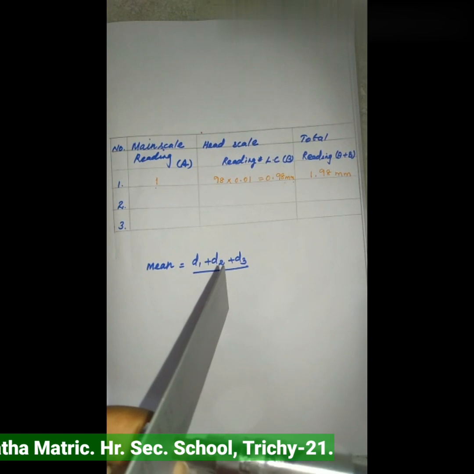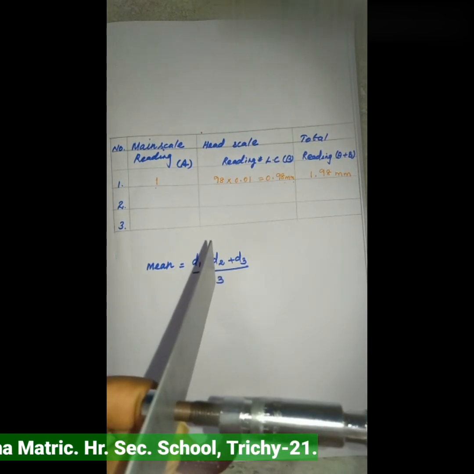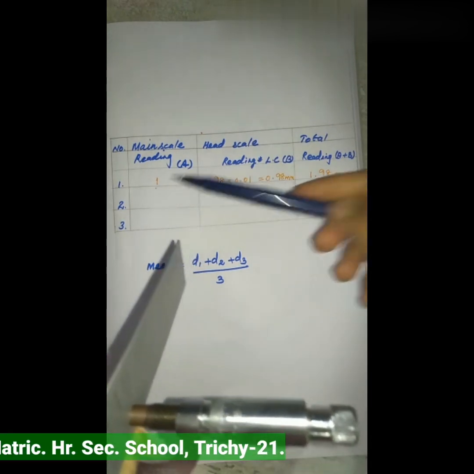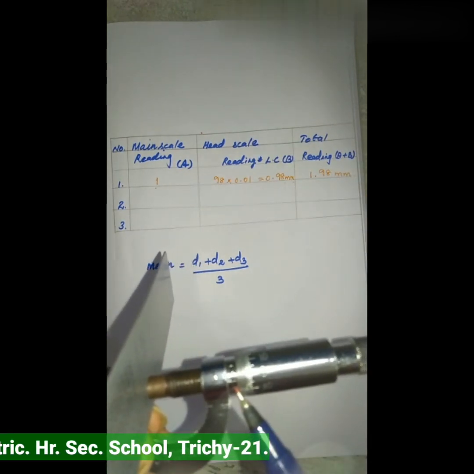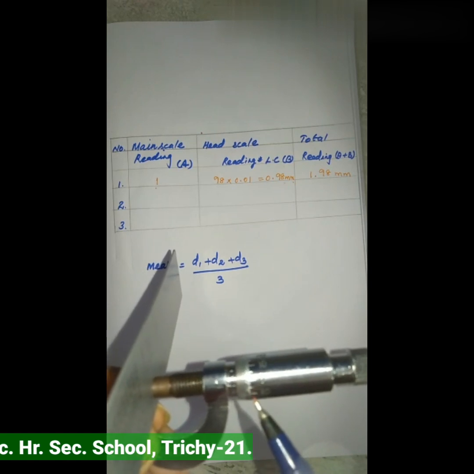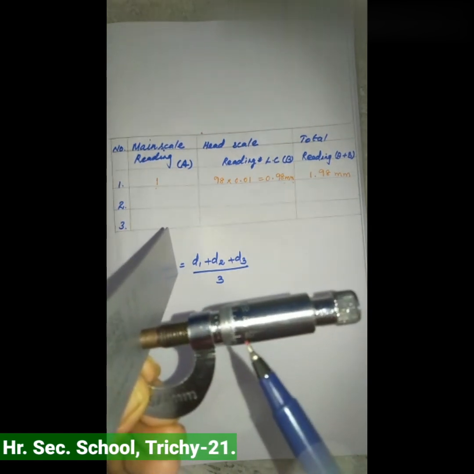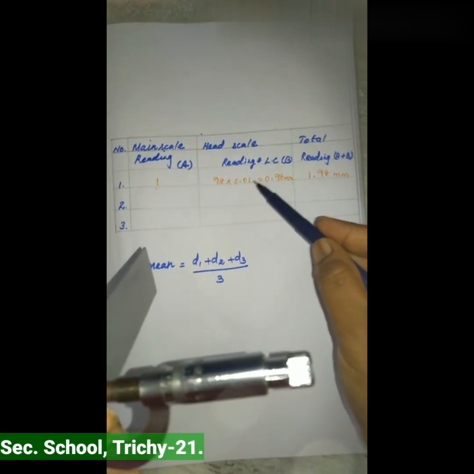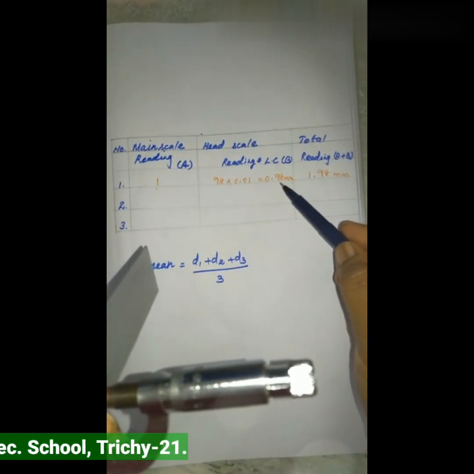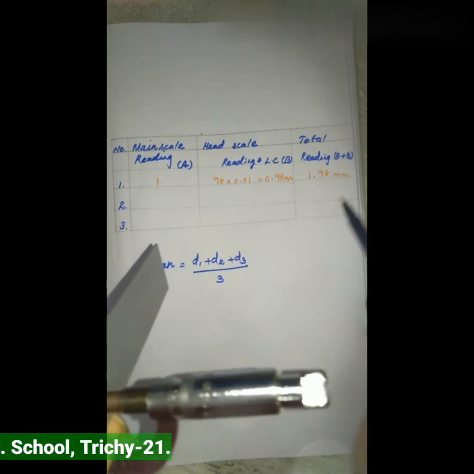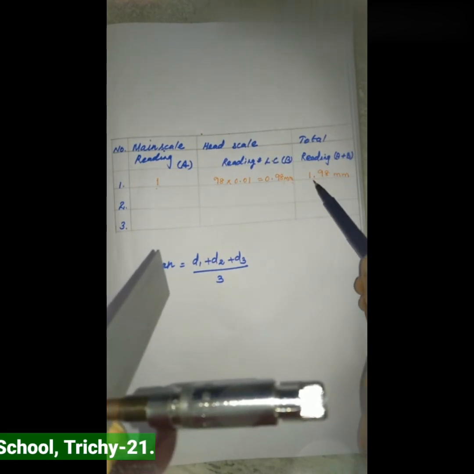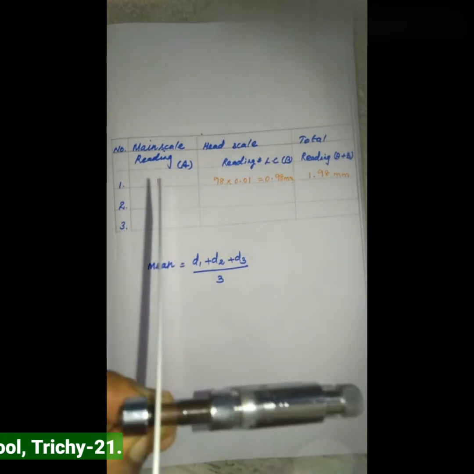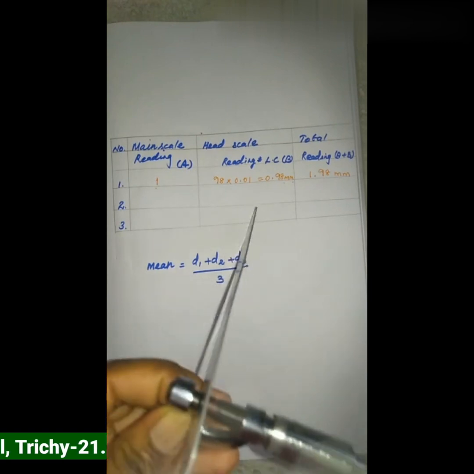Now I do one activity for the thickness of a scale. For the thickness of the scale, the main scale reading is 1 and the head scale reading is 98. So 98 into least count 0.01 is equal to 0.98 millimeter. So total reading is equal to 1.98 millimeter. Now take the other side of the scale.